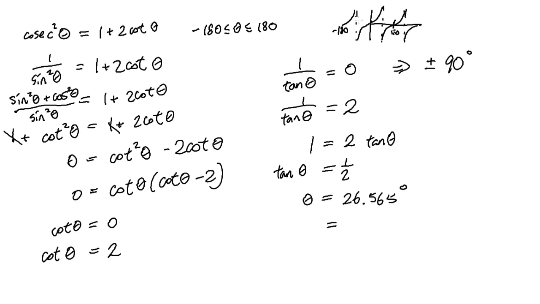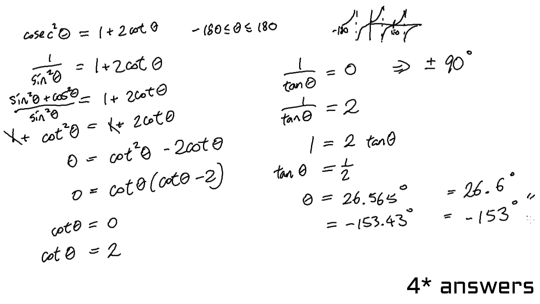There's one other, which is 180 less than this, so we take 180 off, which is minus 153.43 degrees. Round everything to 3 SF for good measure: 26.6, and minus 153 degrees. So that's the two answers.